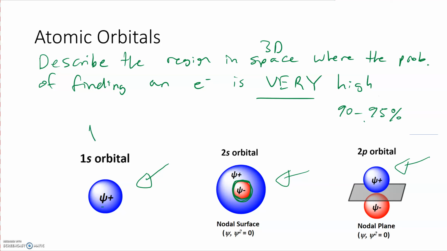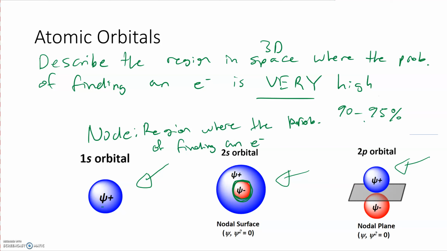And a node is a region where the probability of finding an electron is 0, or the wave function is 0. So the probability of finding an electron can be represented by the wave function squared.